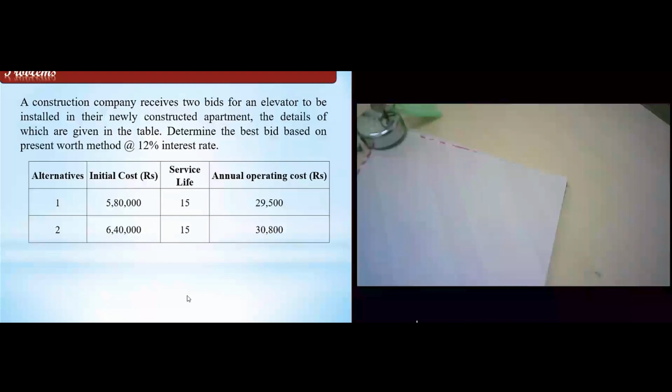If in some cases we don't give any of the methods, then you can calculate on the basis of present worth or future worth or annual. In that case the choice will be left to you, so you can solve it using any method for determining the best alternative.